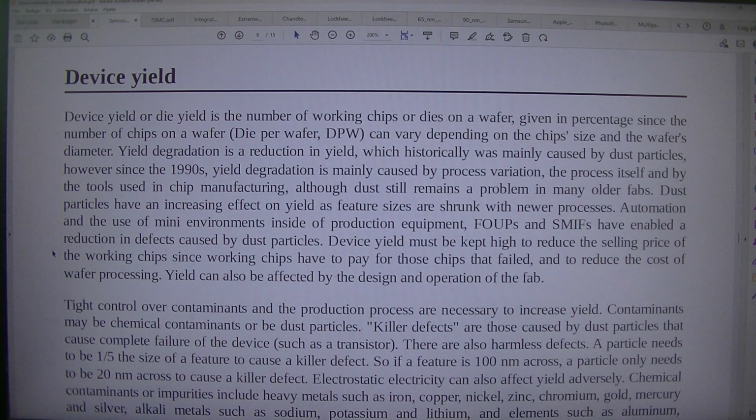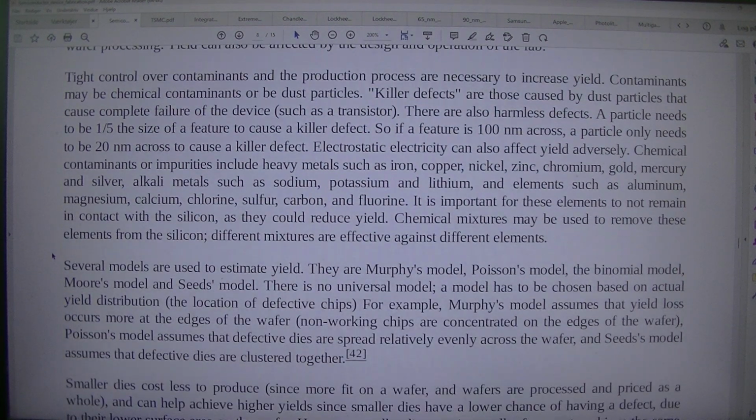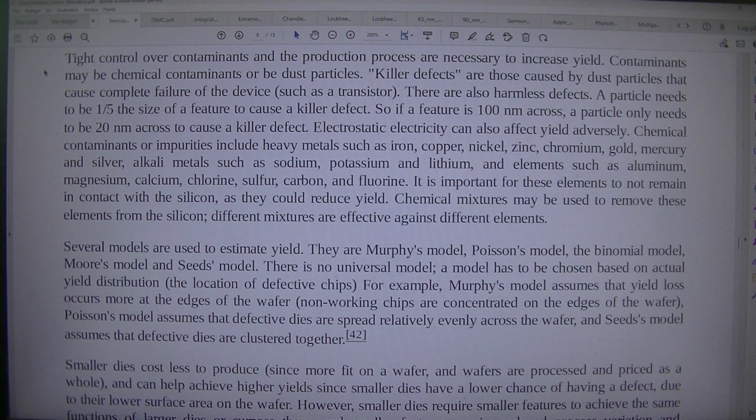Yield can also be affected by the design and operation of the fab. Tight control over contaminants and the production process are necessary to increase yield. Contaminants may be chemical contaminants or be dust particles. Killer defects are those caused by dust particles that cause complete failure of the device, such as a transistor.